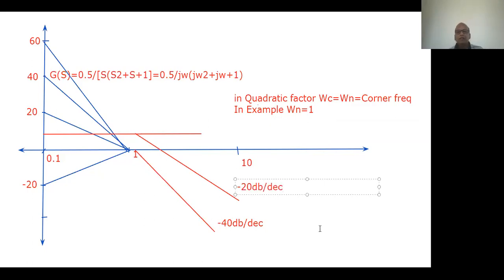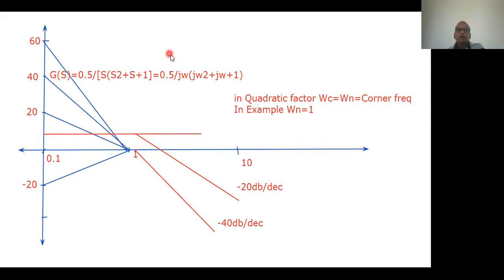Okay. Then if you consider this j omega, 0.5 divided by the j omega means a straight line with the slope equal to, say, minus 20 dB per decade.